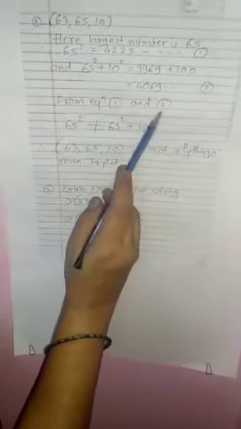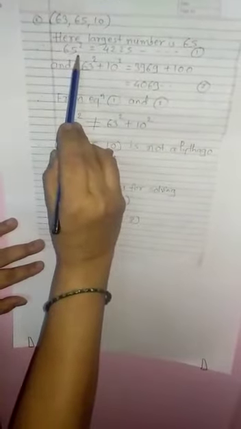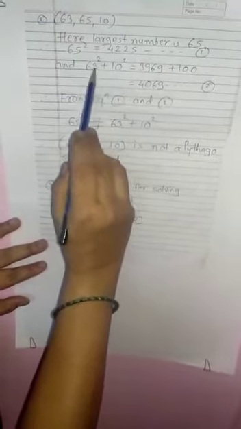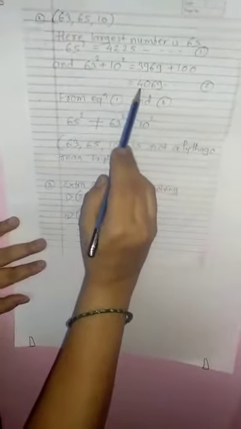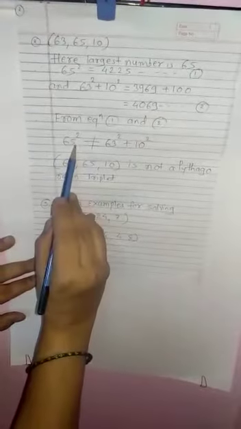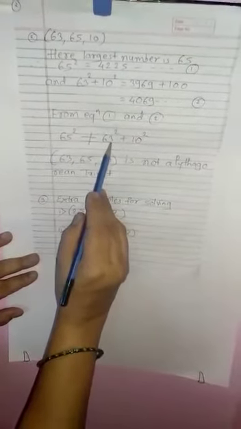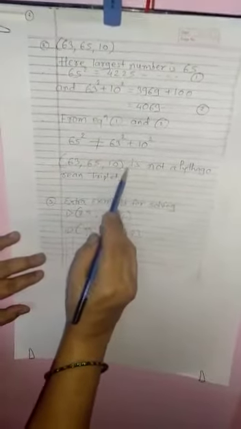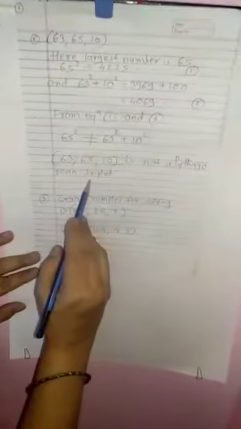From the first and second equation, we are getting square of 65 is 4225. This is not equal to the sum of the squares of these two numbers, 4069. So 65 square is not equal to 63 square plus 10 square. So 63, 65, 10 is not a Pythagorean triplet.